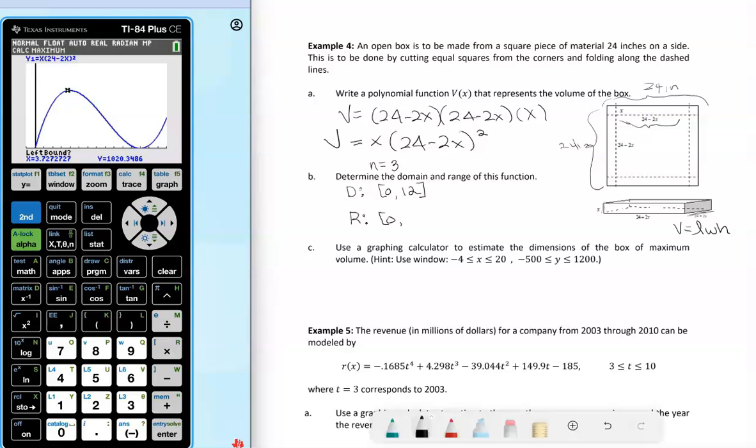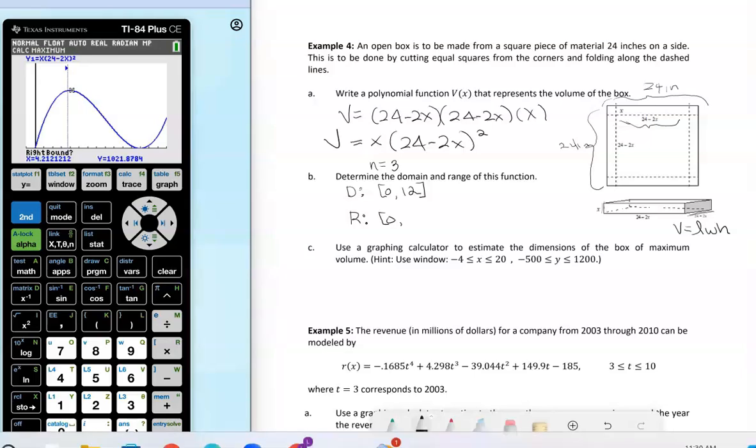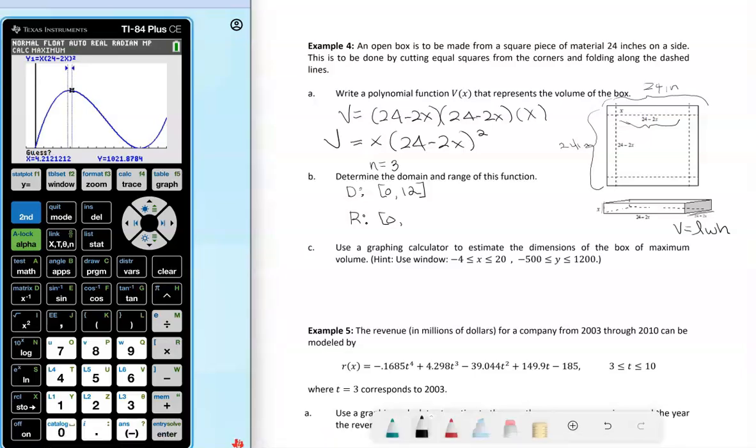I'm watching those y values, trying to figure out where they top out, and I'm going to try to go just to the right of that. Left bound, and I'm going to do the same thing for the right bound, watching those y values. It goes up to 1,023, 1,023, then it drops. There's my right bound. Then I guess somewhere in the middle, and we have it. It maxes out at 1,024.